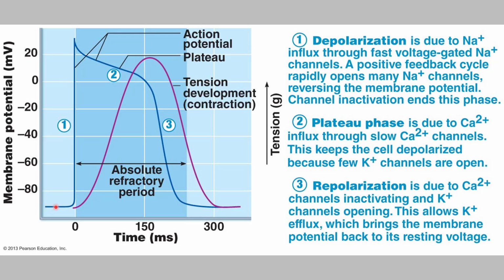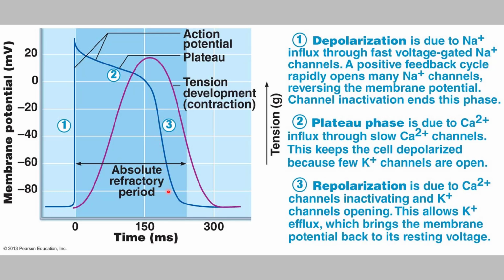Next, we have to come all the way back to resting phase before another action potential can happen. Because, as we said in the last lecture video, there is a very long absolute refractory period, meaning during this time, even if another action potential were applied, the contractile cardiomyocyte could not have another action potential.